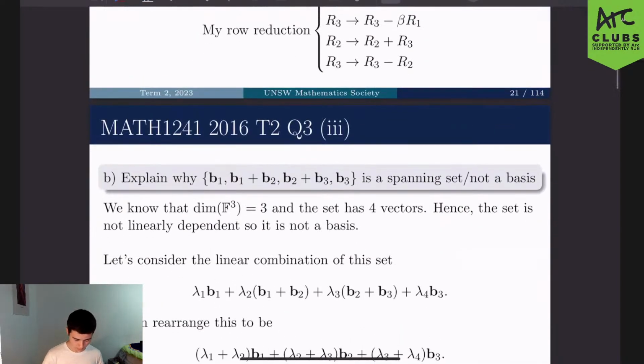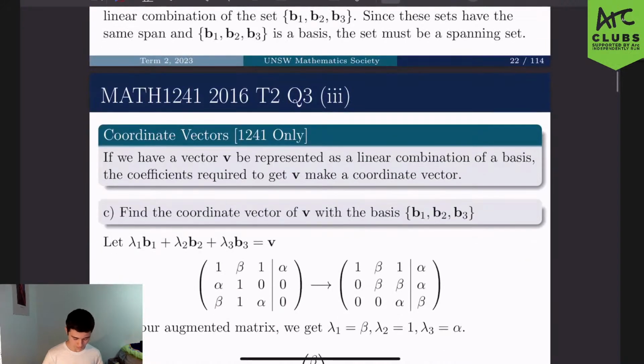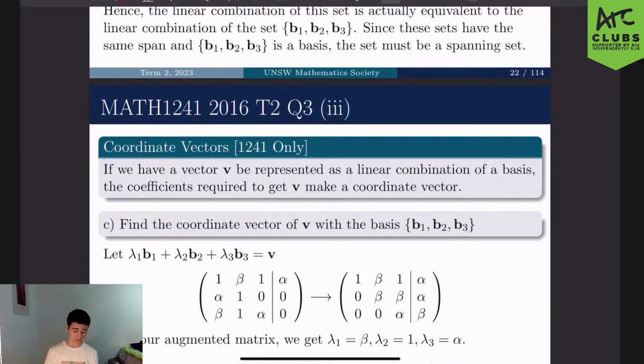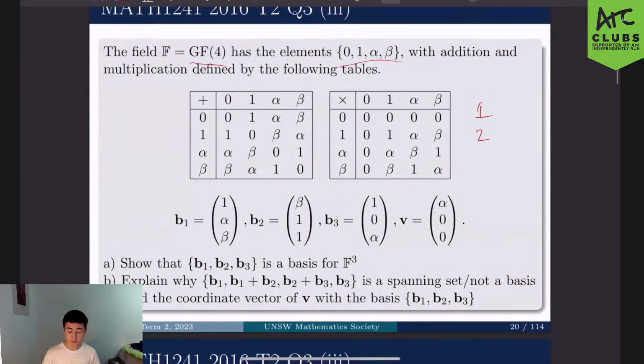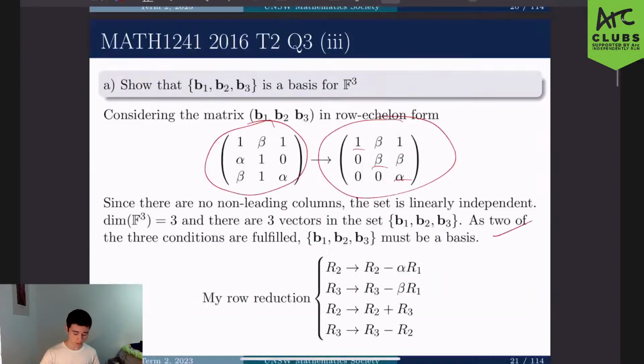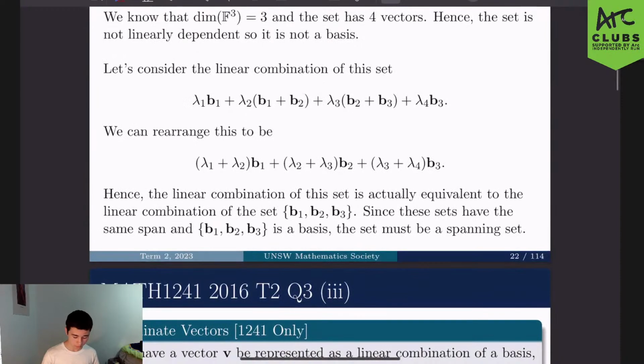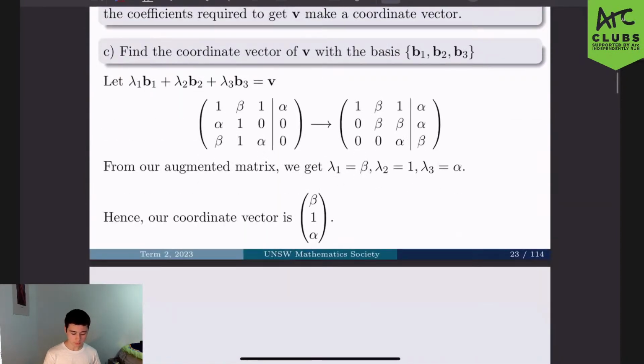We jump down here. And so we solve the augmented matrix using the defined addition and multiplication given to us in the question, okay, which is one of the important pieces of information we can use. And we solve for these coefficients. So over here we see that alpha times something equals beta. Well, we get alpha.